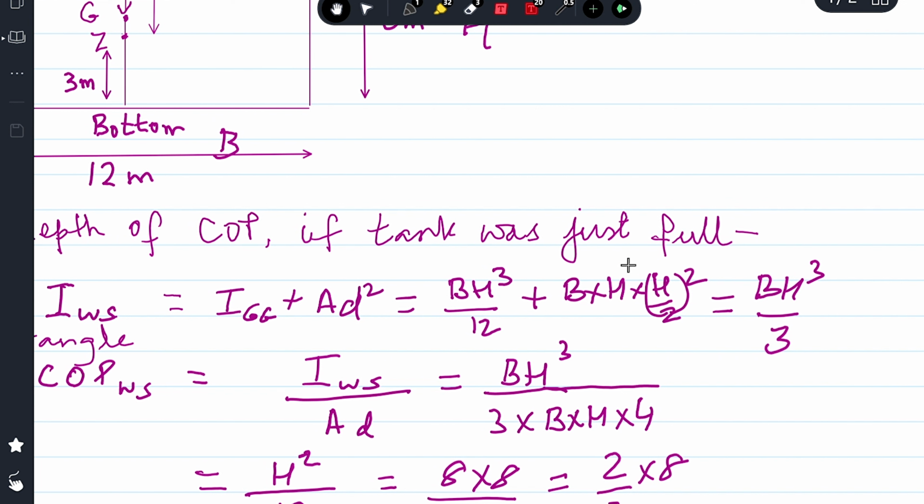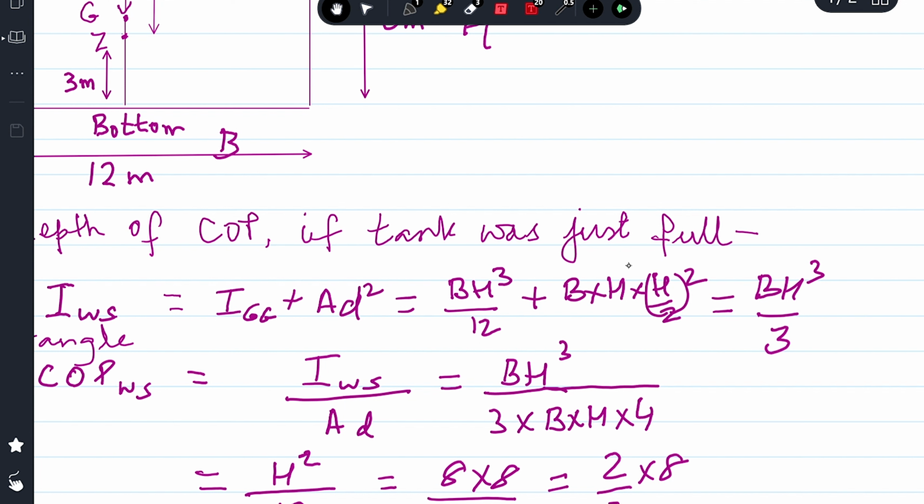This is also a standard formula when you have to find the moment of inertia about an axis which is at the tank top level. But it's okay, it just takes one line to find out bh cube upon 3. You can remember it also.